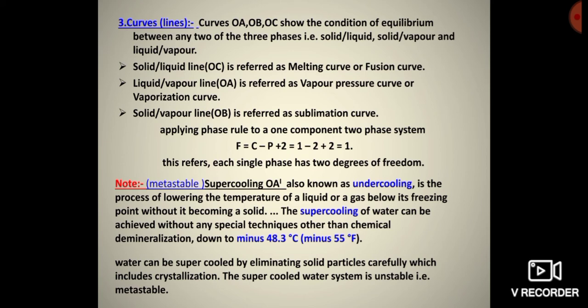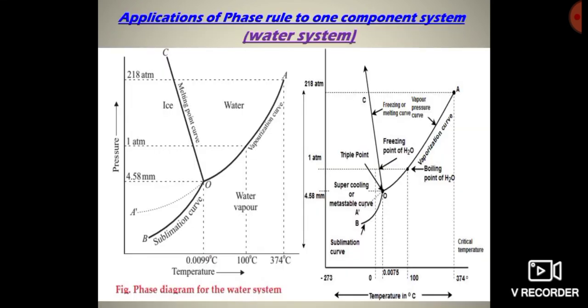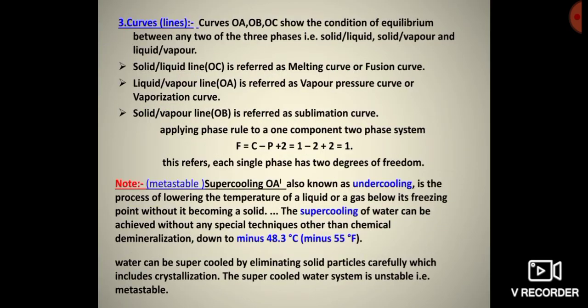So last one is supercooling, OA dash. Another curve is there, OA dash, above the OB. That OA dash we know is the supercooling area.